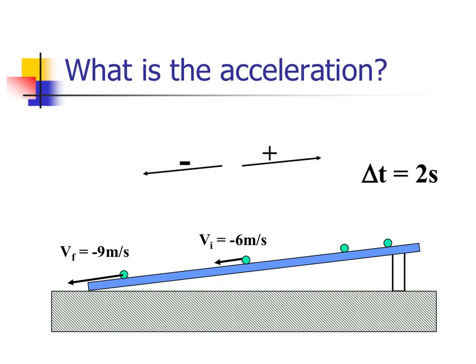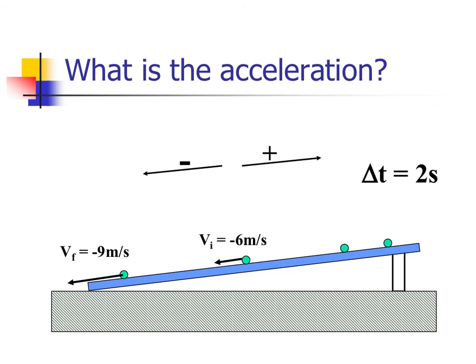So maybe as an example of a lab that we've done before is that now the object is moving down the ramp where now it has a negative acceleration or negative velocities because it's moving in the negative direction.